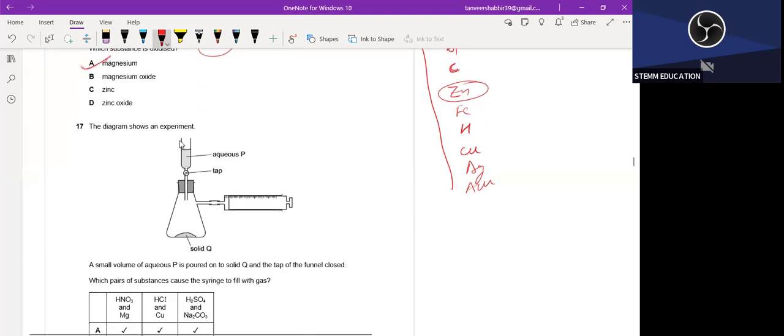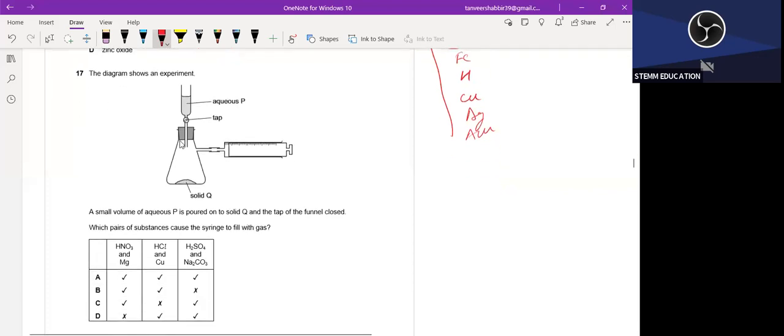Now question number 17: aqueous P and here a solid Q. A small volume of aqueous P is poured on Q, and the tap of the funnel is closed. After dropping 2 to 3 drops of aqueous P, we close this tap, and what will happen?